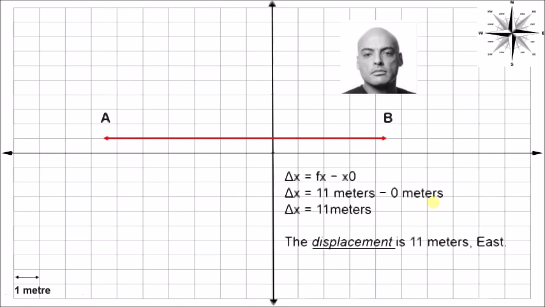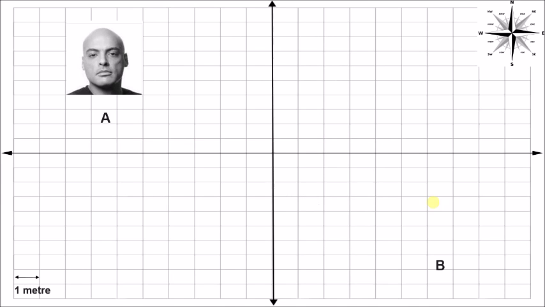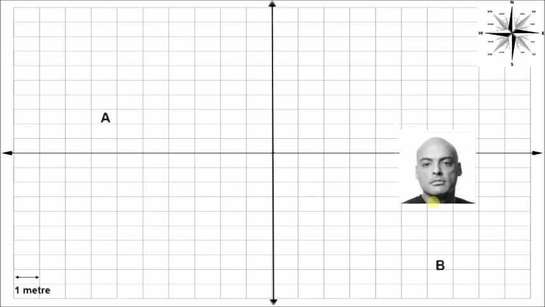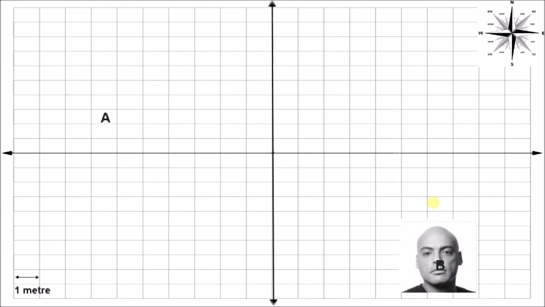The displacement and the distance look very similar. However, they are two different concepts. Now, another example. Let's imagine that I have to move from point A to point B. So I decide to move and I go east, then I go south. You would imagine, whoa, we can add the 11 meters across here plus the number of meters that he travels south.